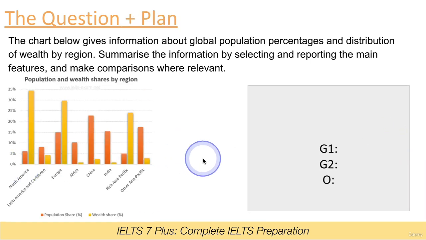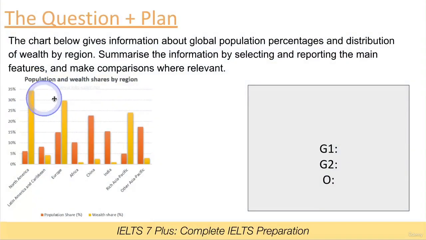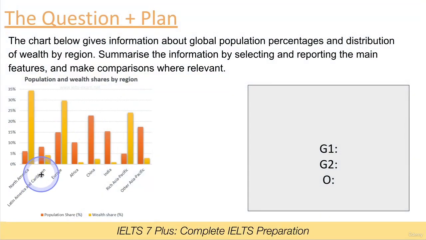Okay, so let's think about our groupings for this one. Now, we could go down different routes. We could do one for the population share and one for the wealth share, maybe. We could talk about percentages, or I think for this one, I might break them up into two groups depending on which is higher, wealth share or population share.